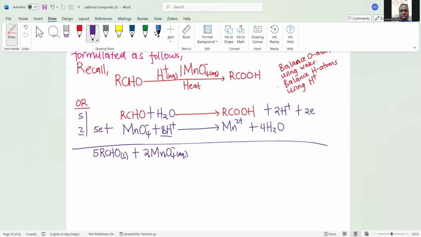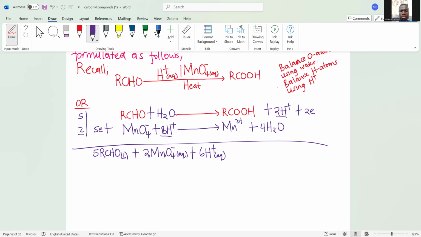Then up here I have 5 times 2, those are 10 hydrogens. So you see, I have too much hydrogen on the left, because 2 times 8 is 16 but 5 times 2 is 10. Therefore, this 10 goes on the left, so I'll have 16 minus 10, those are 6 hydrogen ions.